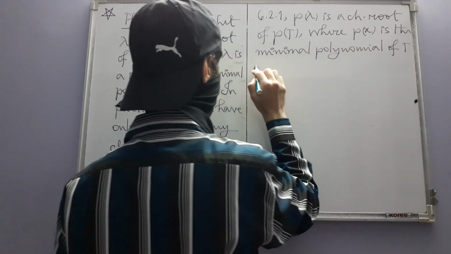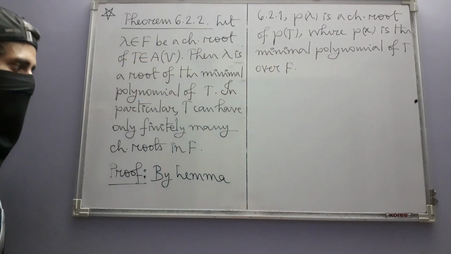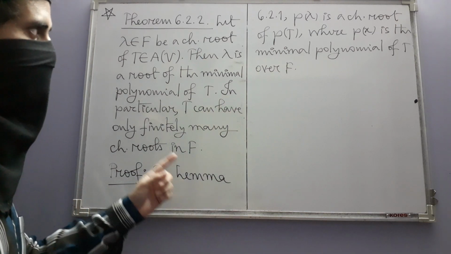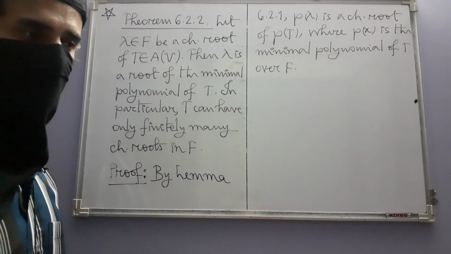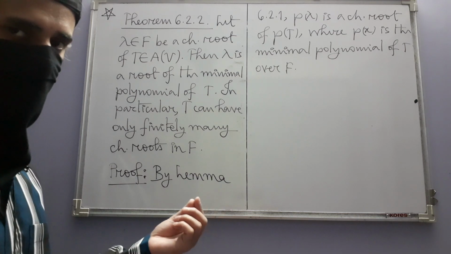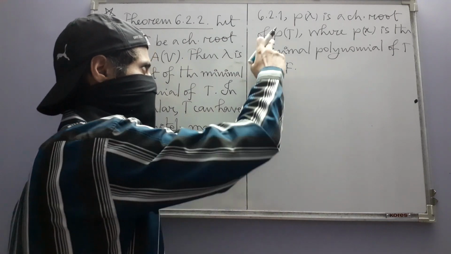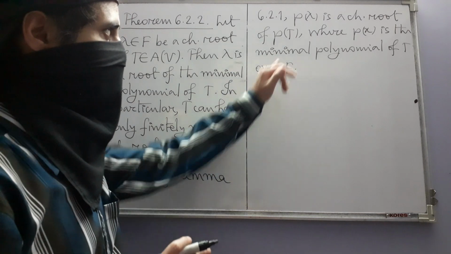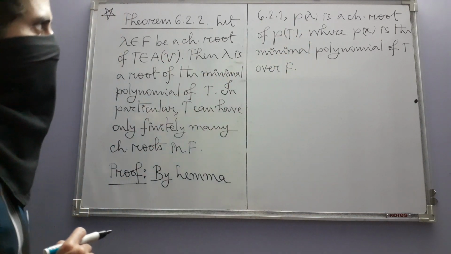of T over F. Okay, so the previous lemma says that for any polynomial, you evaluate the polynomial at that characteristic root. Whatever field element you are going to get, that is going to be a characteristic root of the operator that you are going to get if you evaluate the polynomial at that operator.